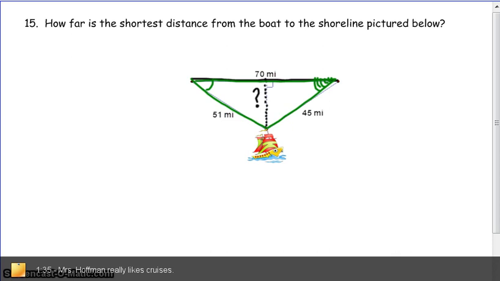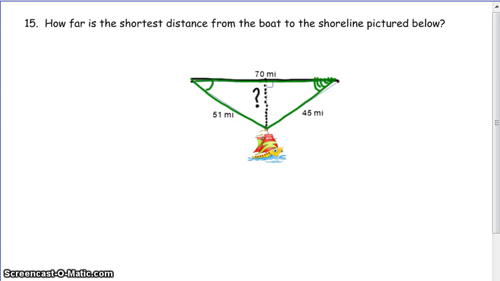And I have no angle side partnership pair, so I'm going to have to use law of cosines. So let's call this angle X, and we're looking for angle X. So what am I going to start with? I'm going to start with the side that's right across. I'm going to start with the 51.